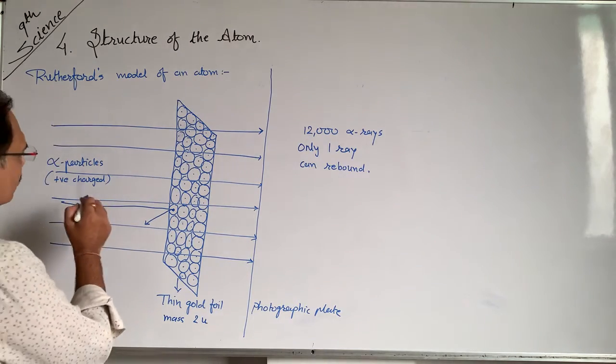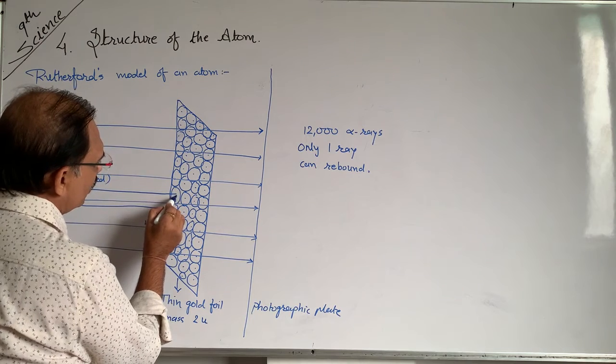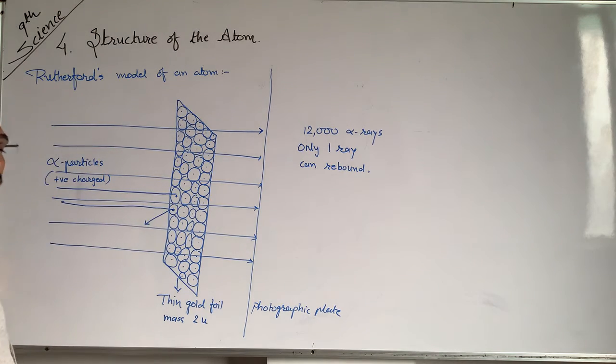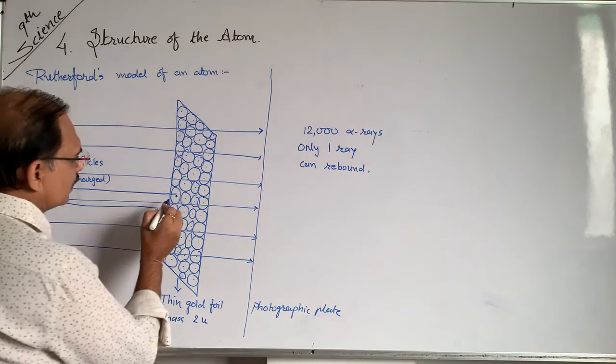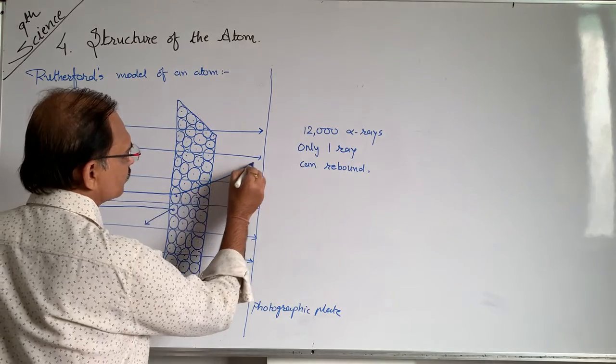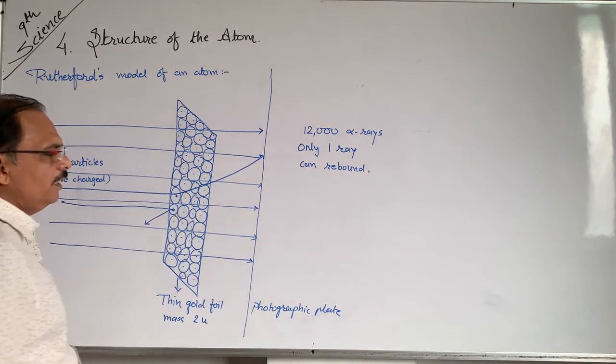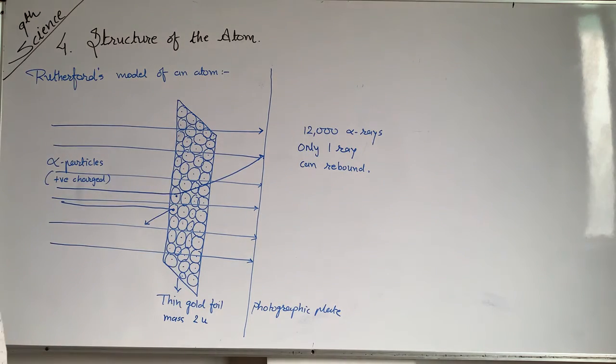Some rays also deflect. Suppose this ray is not exactly incident on the nucleus, but passes slightly nearby the nucleus, then it changes direction and blinks here. When it deflects or changes direction, it means repulsion takes place.